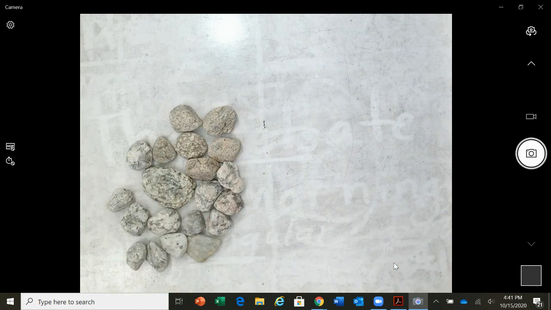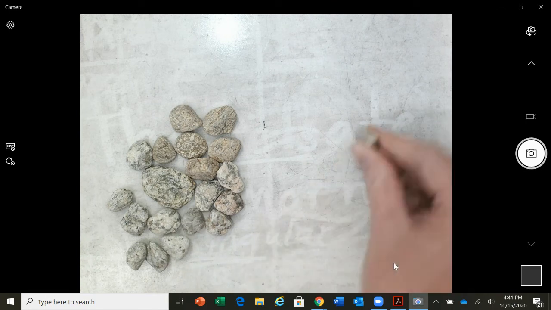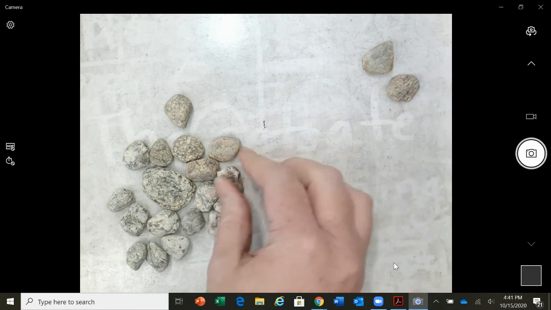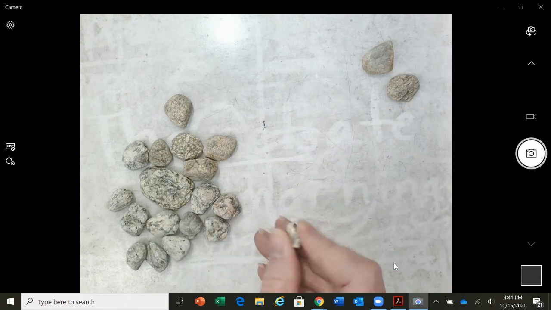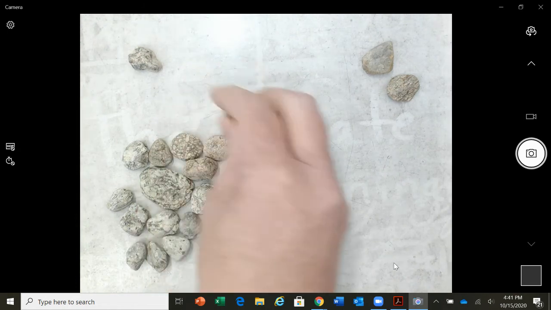I can also do it by texture. Texture is the way the rock feels. So this rock is very smooth. This rock is also smooth. This rock is kind of bumpy, so I'm going to put him over here. He's a little bit rougher.